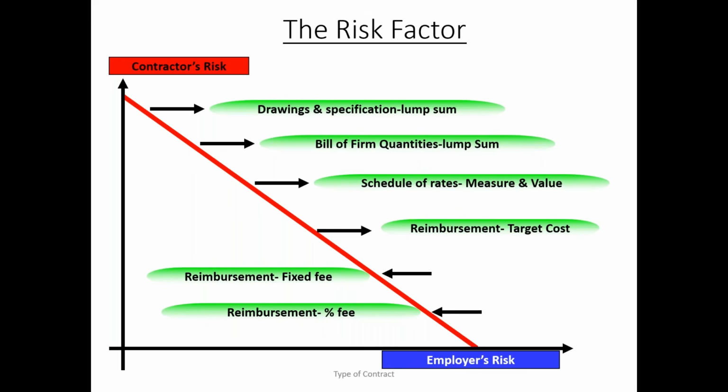Where do we have the big risk for the contractor? In a lump sum contract based on drawing and specification, where the BOQ is not there. So where do we have a reasonable risk sharing mechanism, in which type of contract?